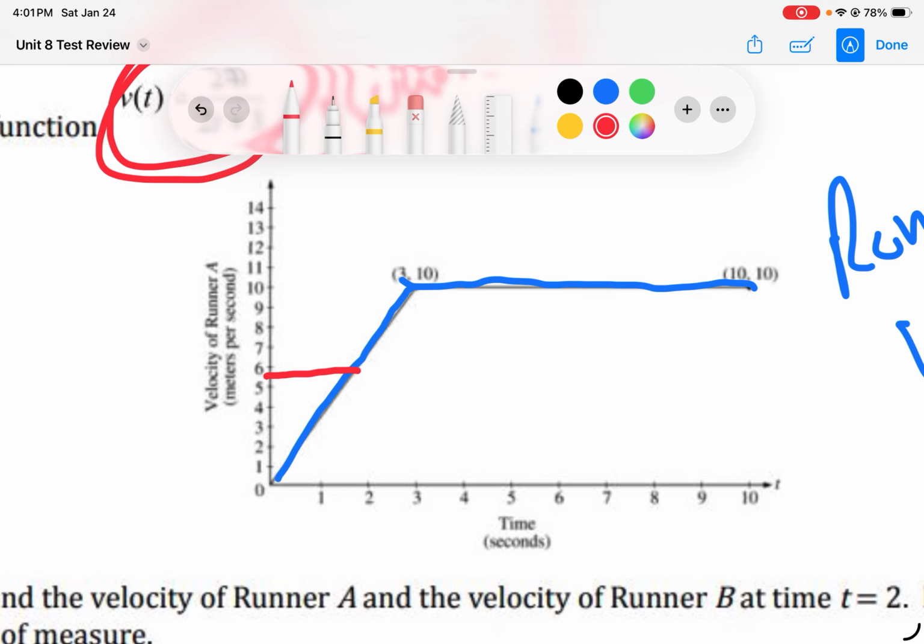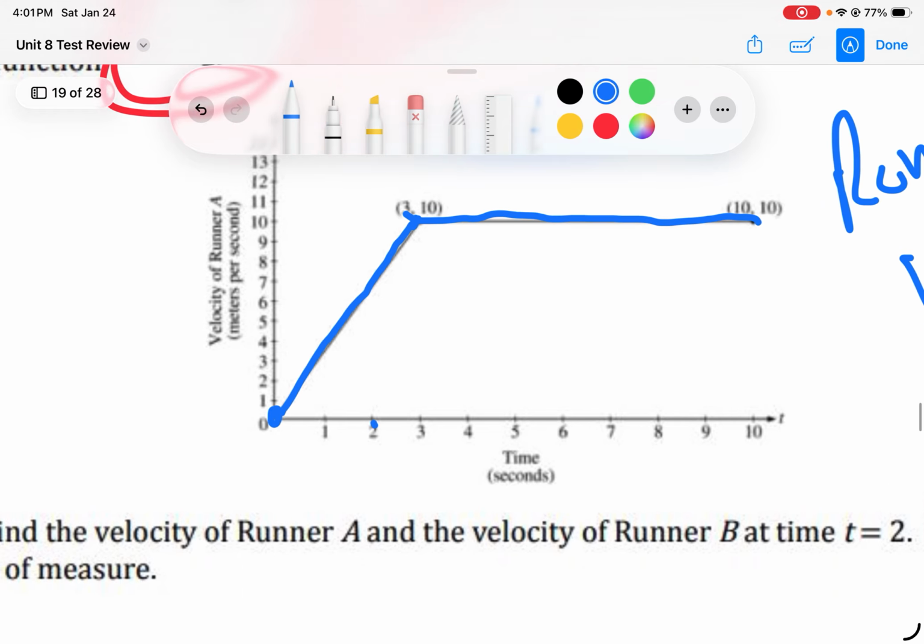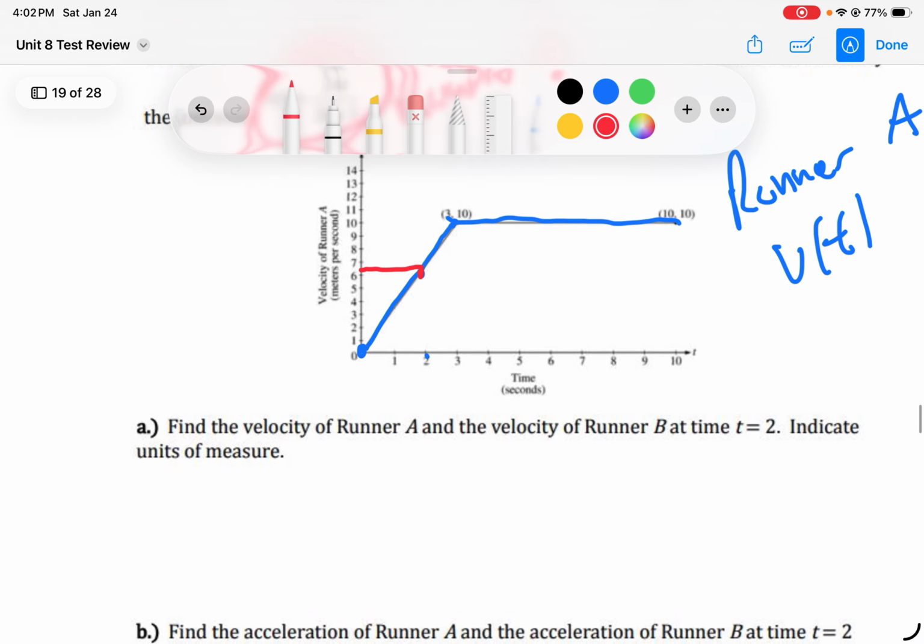Is that 6 at that point? We've got to know for sure, right? It looks like from 0 to 3, it went up 10 over 3. To know what that is exactly, I need an equation, because I can't just say it's 6-ish. Looks like a little more, 6-ish something.